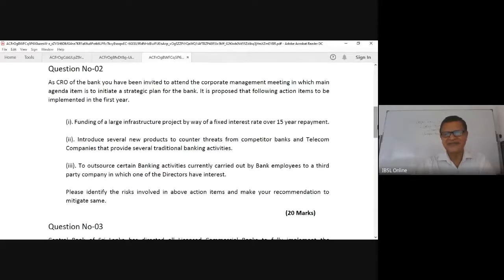At the time you granted this facility, the interest rate is at 10%, and the Central Bank of Sri Lanka thinks we should bring down interest rates, so they decide to cut policy rates and bring them to, we'll say, 8.5. So now you have a facility where the customer pays you 10 and the current market rate is 8.5.